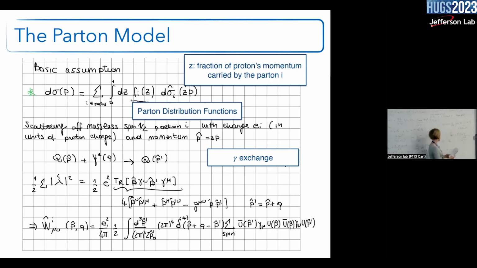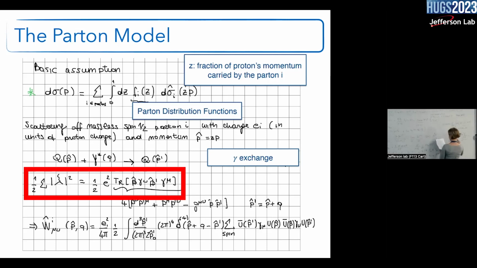So this W hat is again just equal to 1/2 e squared times the trace over gamma mu p prime slash gamma nu.